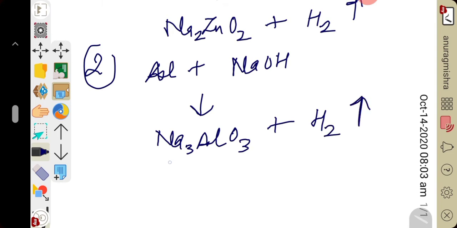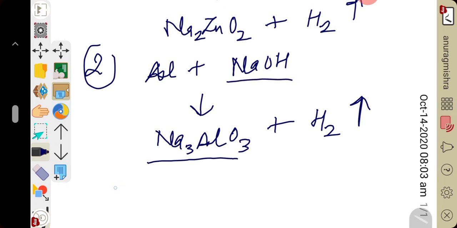This is called sodium aluminite. It can also undergo reaction with dilute sodium hydroxide. This was the concentrated form of sodium hydroxide solution.